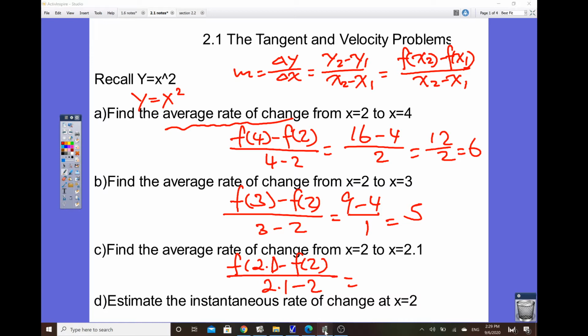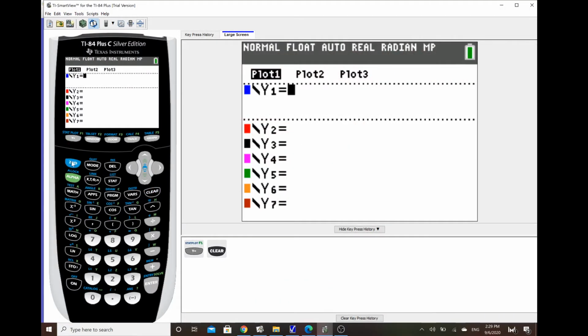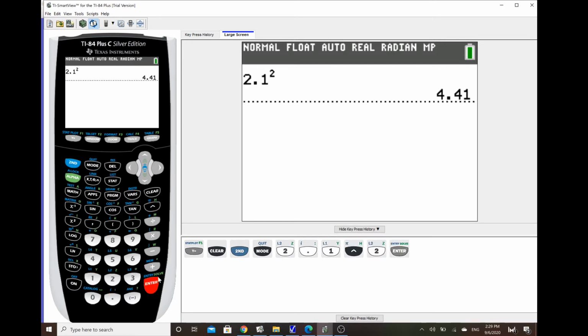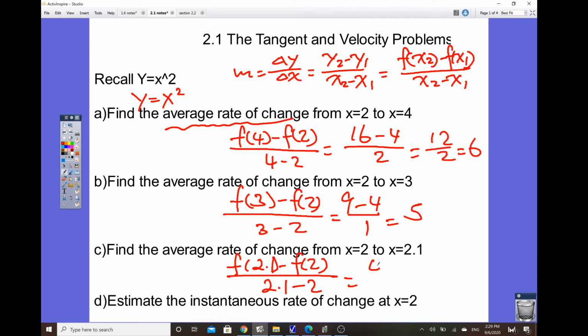You can always use a calculator. 2.1 quantity squared, or you just multiply it out, that's 4.41. So 4.41 minus 4 over 0.1. So we do have 0.41 divided by 0.1, so that'd be 4.1.